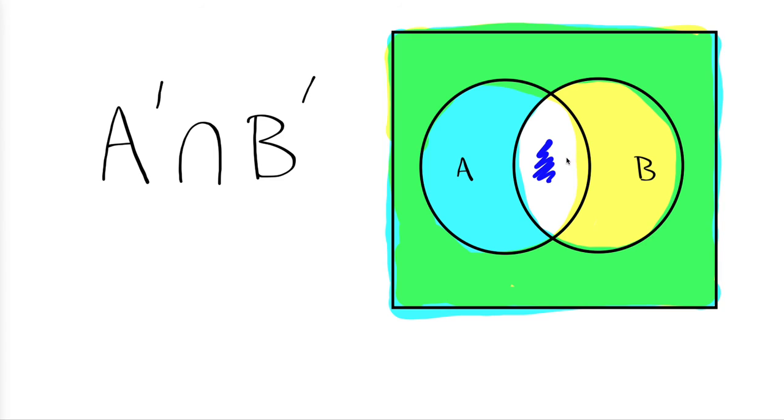This white piece that didn't have any kind of shading is the only piece up there that's made up only of regular A and regular B. So it's the only part that is not part of not A, not B. Whatever, go by the shading. That's kind of why we do the shading, I guess.